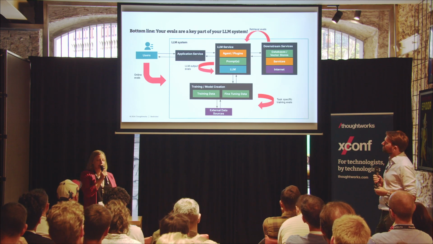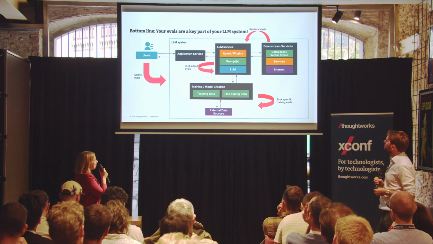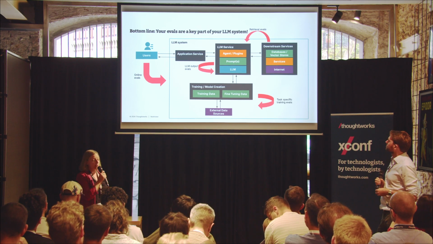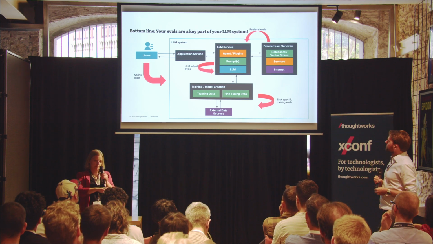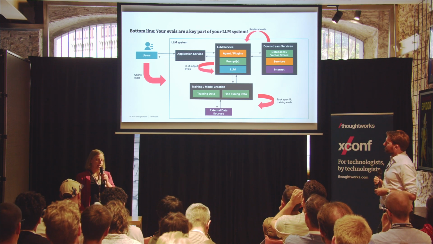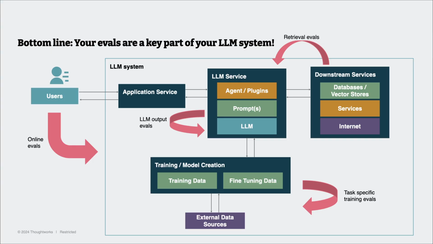So finally, to bring this all into a system, you want to have evaluations in place at many stages of your LLM system. So you have the online evals between your users and your LLM system. You have some LLM output evals that are tightly coupled with each of your prompts.